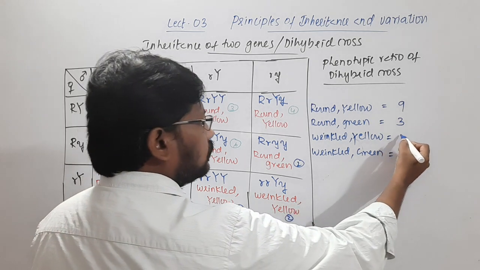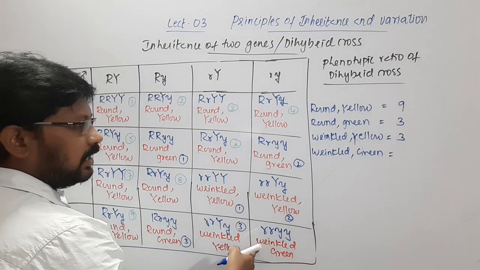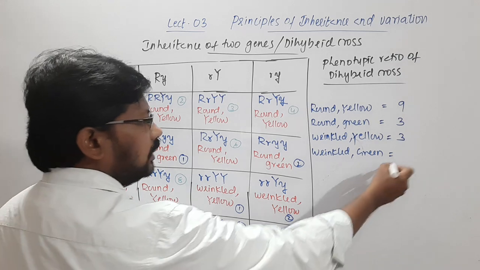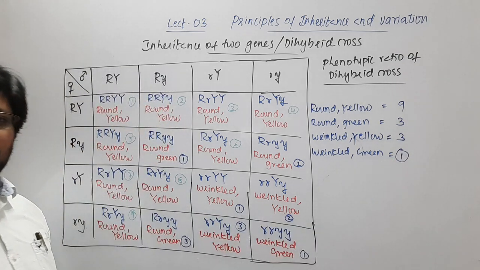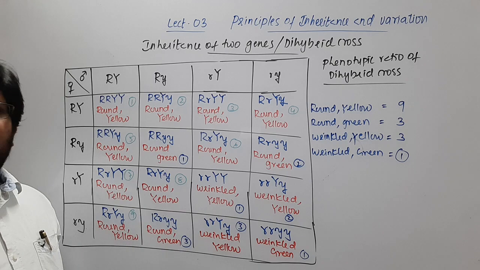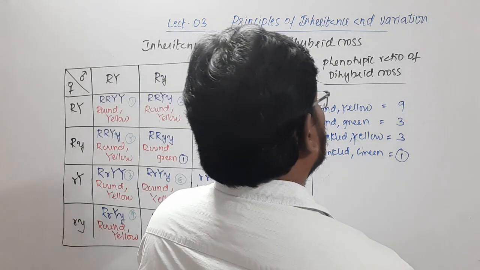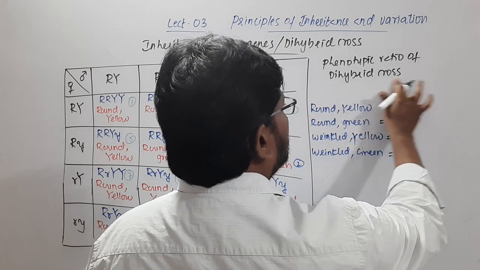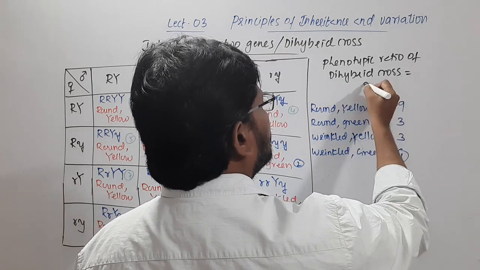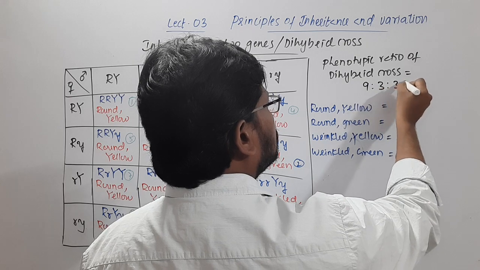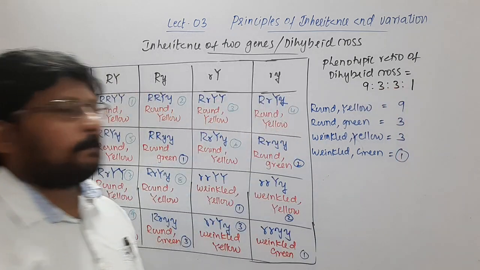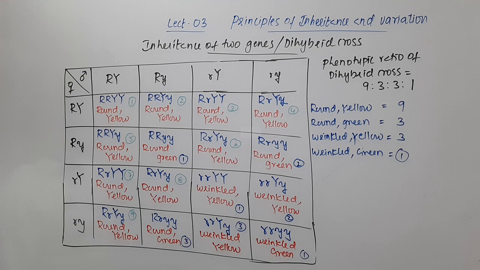So wrinkled yellow is 3, and lastly wrinkled green is only 1. So the phenotypic ratio of the dihybrid cross will be 9:3:3:1.